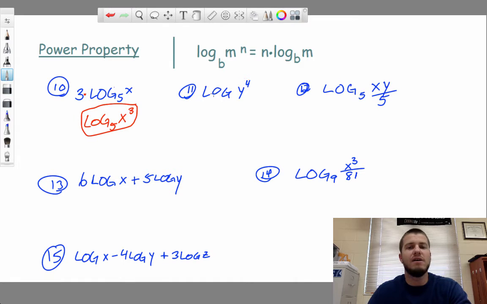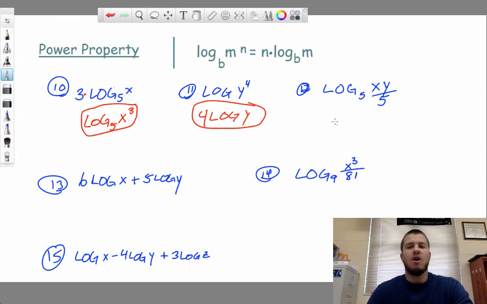So when I have log of y raised to the fourth, this exponent can move to the front and be multiplied with that log. So it's 4 times log of y would be the same as that. And that's basically it, going from one way to the other and back.